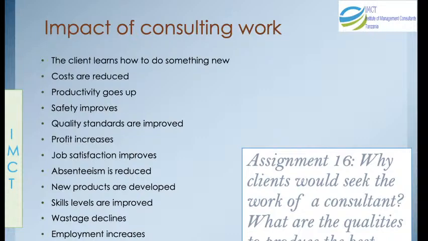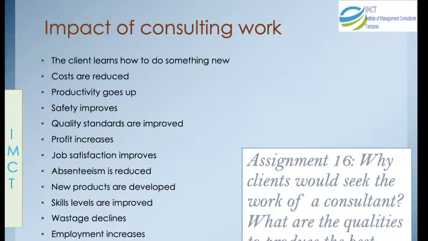The client might learn how to do something new, cost can be reduced, productivity can go up, safety can be improved, profit can increase, quality standards can be improved, job satisfaction can improve, absenteeism normally is reduced, new products are developed, skill level can be improved, wastage declines, employment can increase, reward can improve, and also sales can increase. So there is a lot of benefit with consulting, both internal and external consultants.